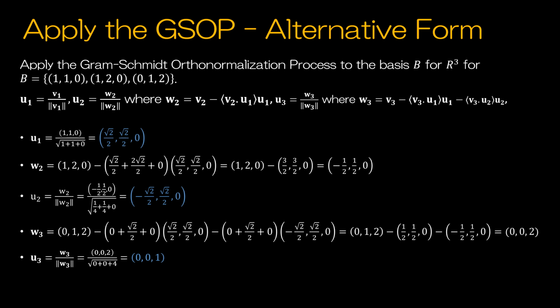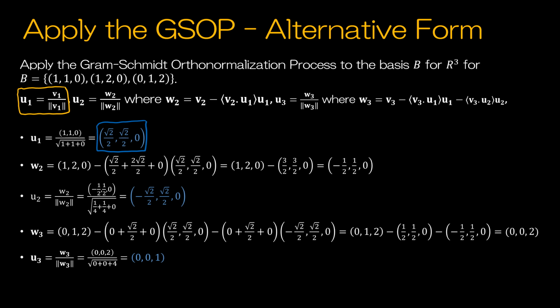And again, that's to say, go ahead and find U1 first, which is V1 divided by the length. And then you get to use that moving forward. So instead of using V1 and then at the end normalizing it, you're basically normalizing it as you go. So I normalized it to get my first vector, which as you'll notice matches the first vector that I had before.